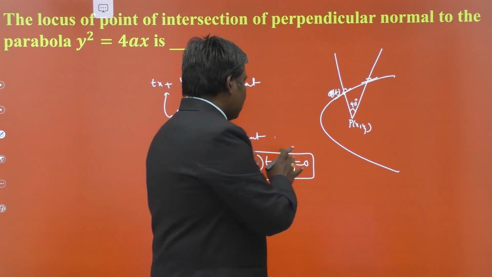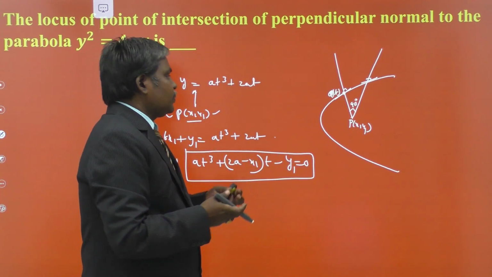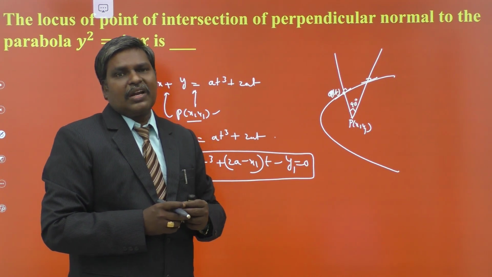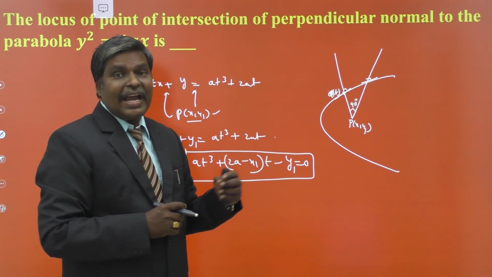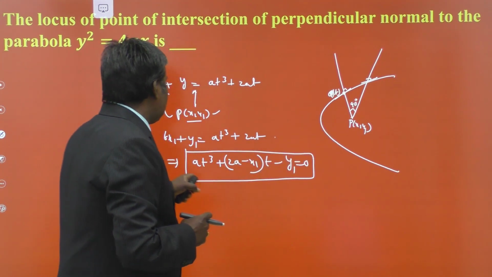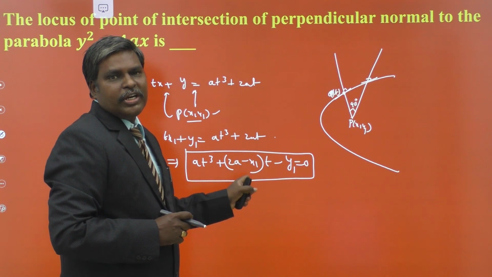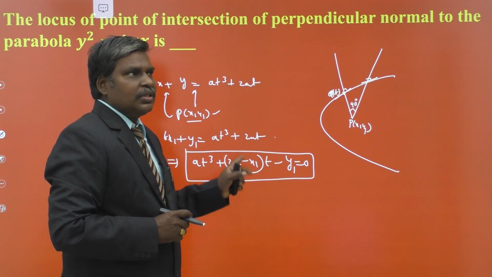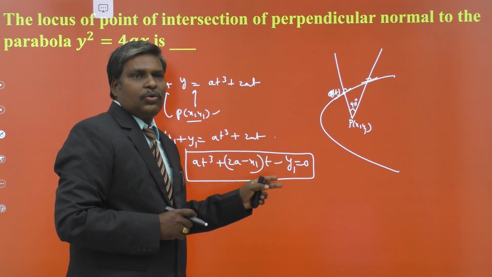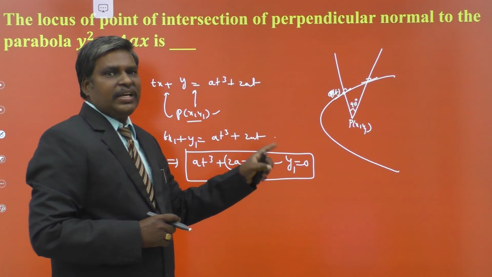From that we conclude that at most three normals can be drawn from a given point to the parabola, because this is a cubic equation in t. So how many roots does it have? Three roots. The three may be real and distinct, real and coincident, or two are real and coincident and one is different.